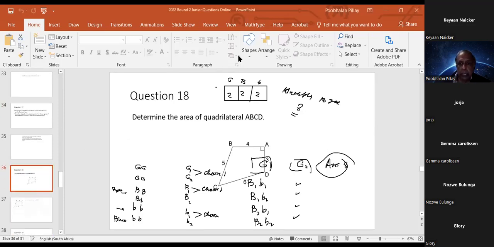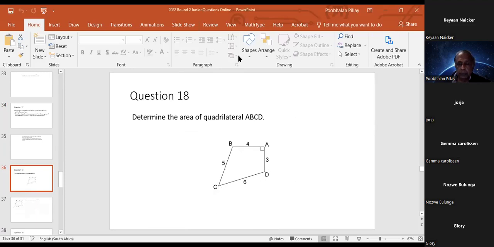Okay, we're going to question 18 now. This question here, you're asked to determine the area of quadrilateral ABCD. Now you can see this quadrilateral has got a right angle here, and you got the 4 sides, 3, 4, 5, 6.